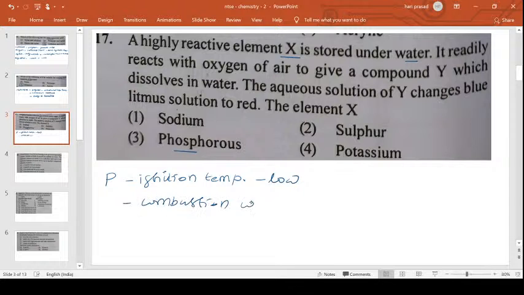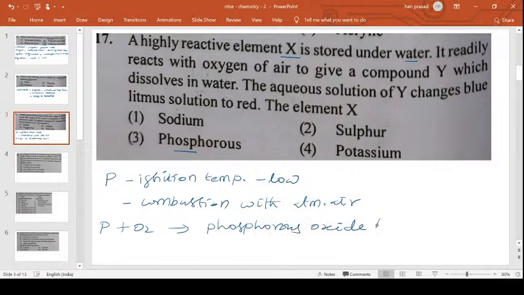Combustion in the sense burning with atmospheric air, to give phosphorus oxide. Phosphorus oxide means two possibilities: one is phosphorus trioxide, another one is phosphorus pentoxide.